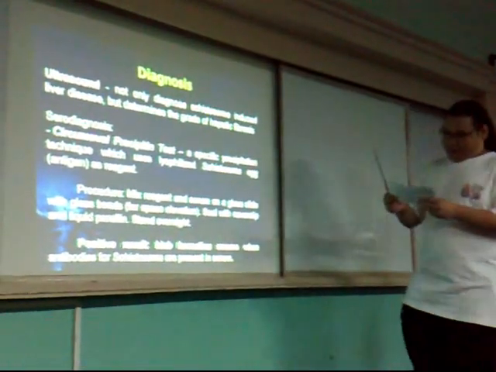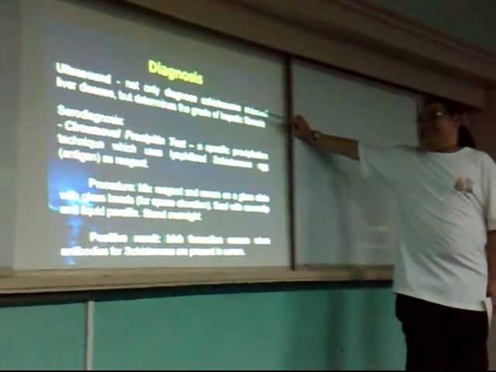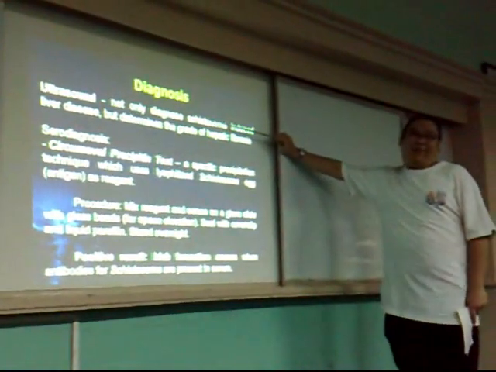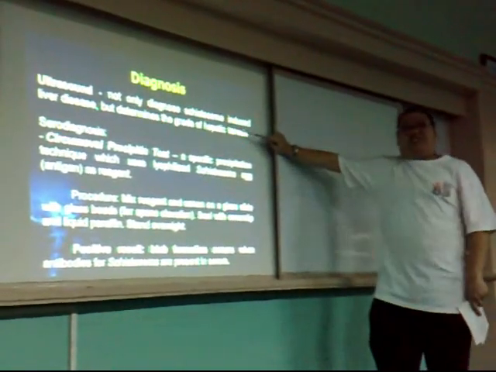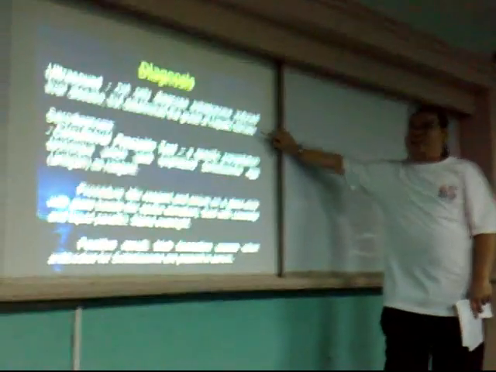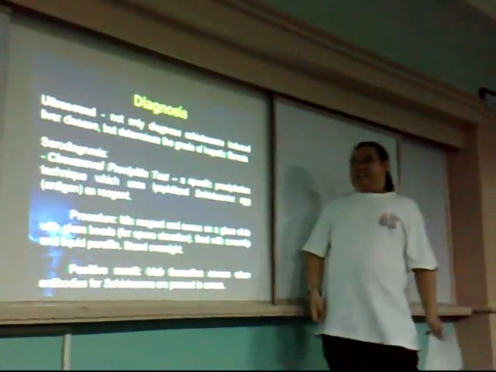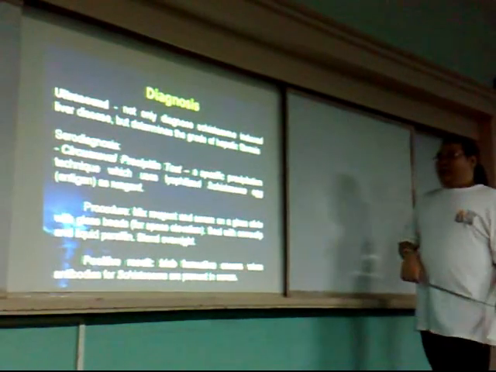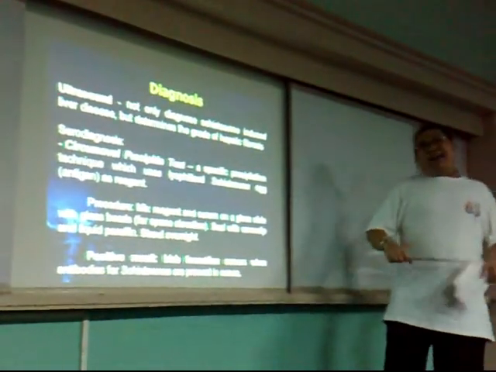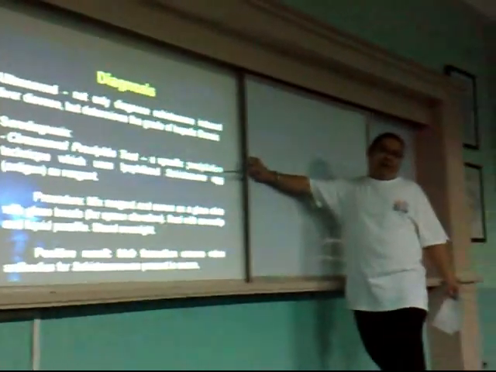Another, you can also use ultrasound. It will not only diagnose schistosome-induced liver disease, but also determine the grade of hepatic fibrosis. Remember, I mentioned the Zimmer's grade of fibrosis a while ago. You can use ultrasound to grade it. You can also use serological tests, for example the circumoval precipitin test, where you use your serum. Because remember, if you have an infection with this kind of worm, you will produce antibodies against it.